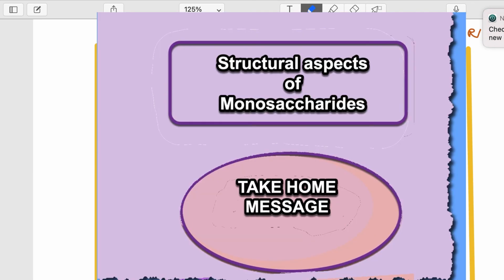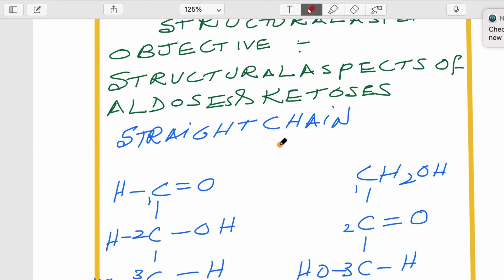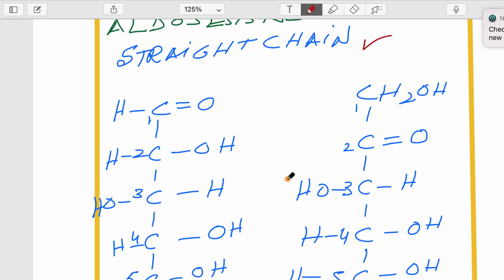Now I will summarize whatever we have studied. In this session we have discussed the structural aspects. The objective was that at the end of the session, the learner shall be able to describe structural aspects of aldoses and ketoses. First, we discussed the straight chain, taking the example of glucose, a hexose sugar, and how the configuration looks.